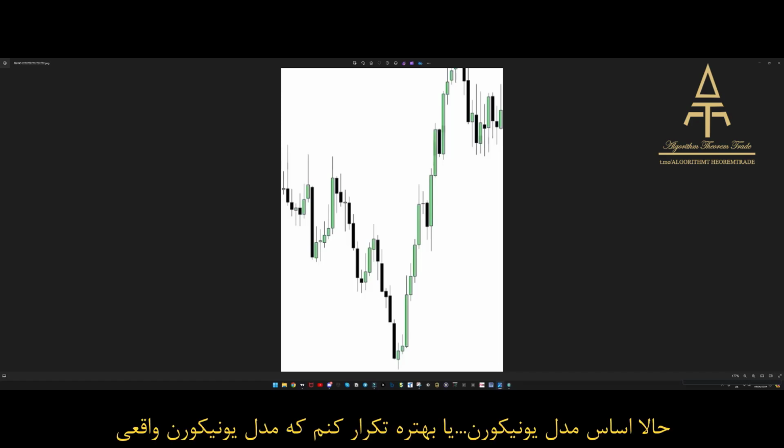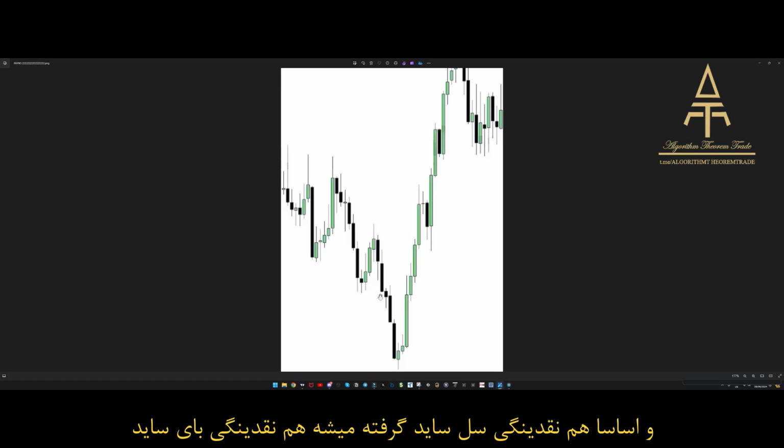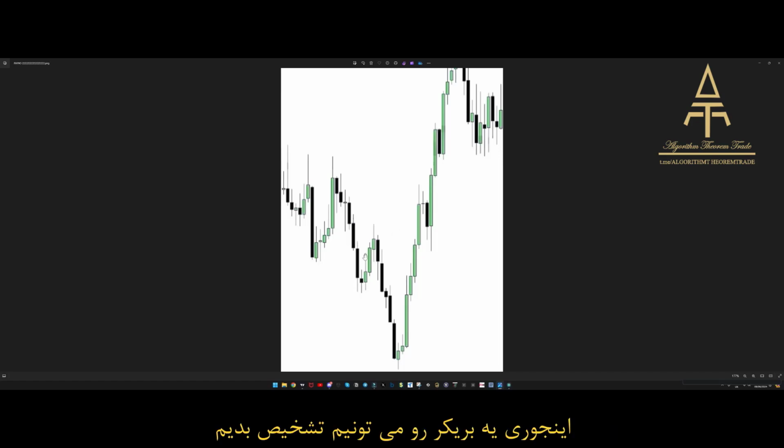Now, the basics of the unicorn model, or should I reiterate the real unicorn model, is the fact that we have a breaker. The breaker is a low, a high, a lower low, and then a higher high, and basically sell side gets taken and buy side gets taken. This is how we recognize a breaker.